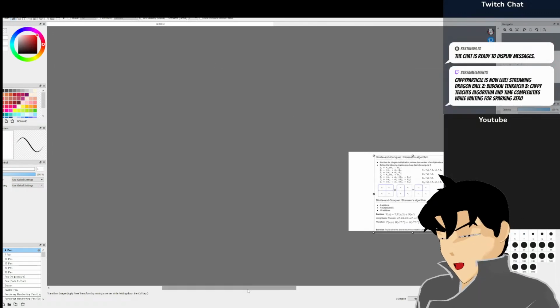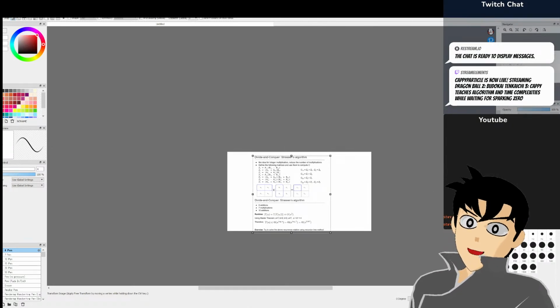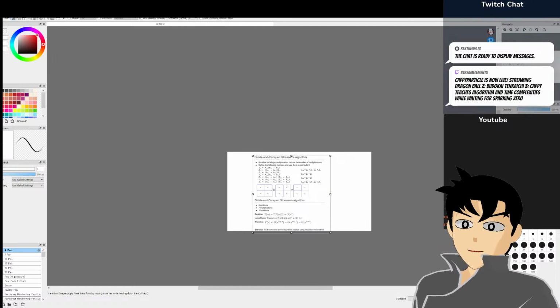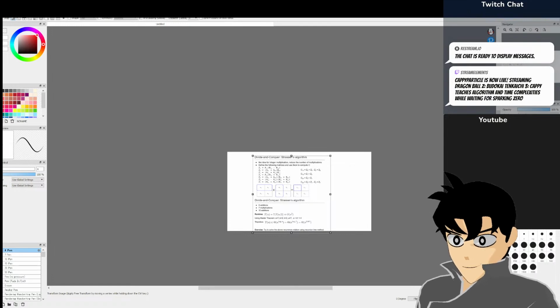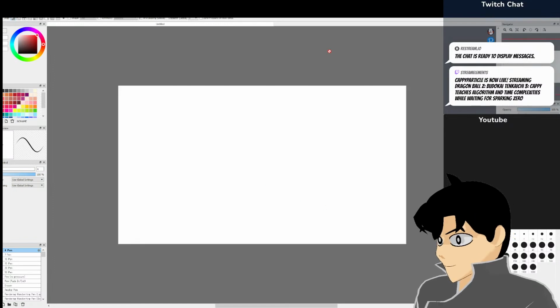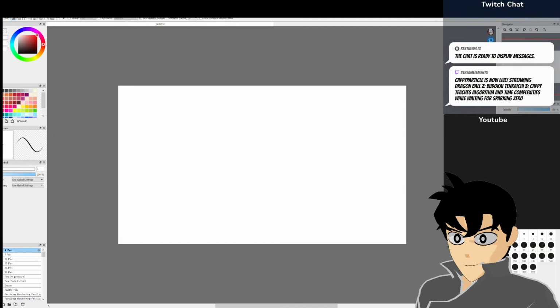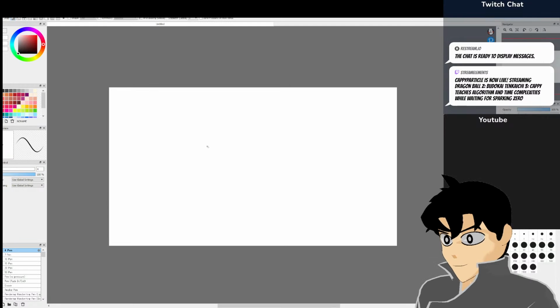I mean, there is technically one more bit called convex hulls, which I don't know. It's supposed to be okay. It's like points on a plane. Oh, whoops.